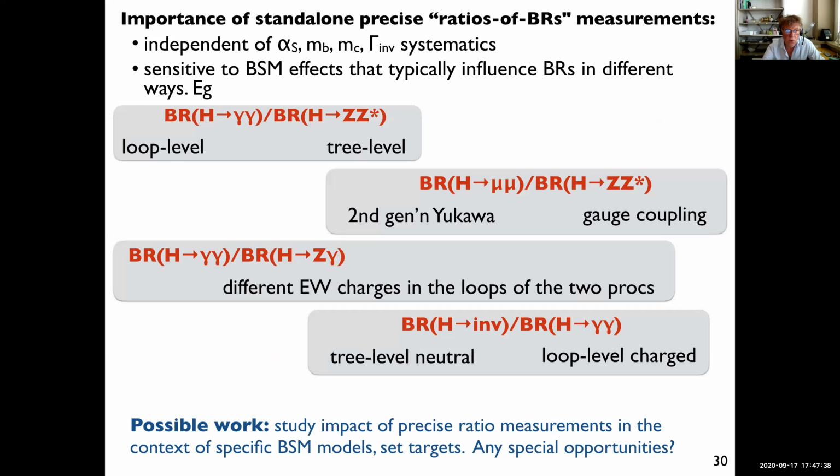So it's important to notice that these ratios of branching ratios are by themselves quite interesting, even if we didn't have the absolute benchmark of Higgs to ZZ.